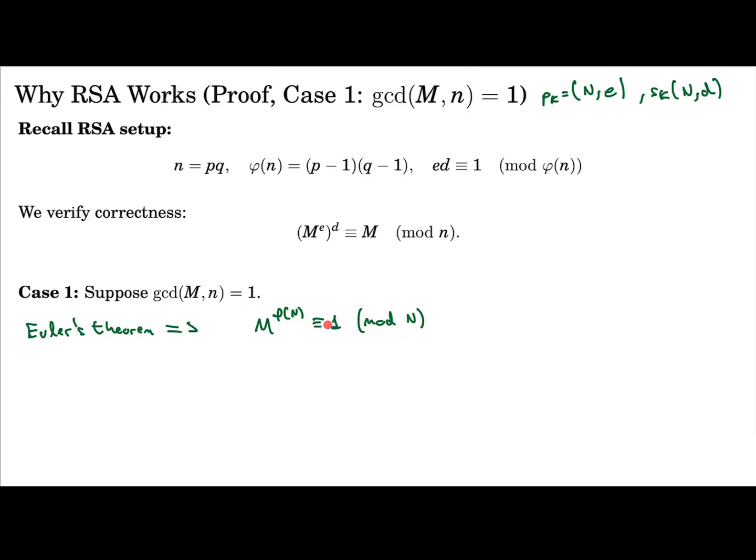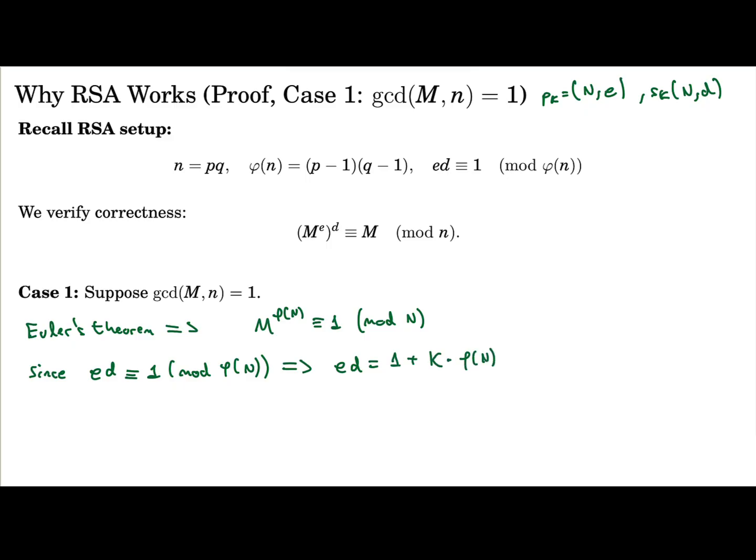So now, since ED is congruent to 1 mod phi n, what does this mean? This means that ED, when you divide it by phi n, has a remainder of 1. So in other words, ED is equal to 1 plus something times phi of n, right?